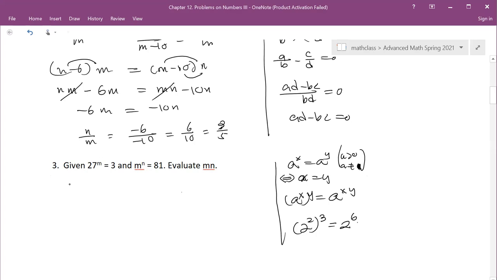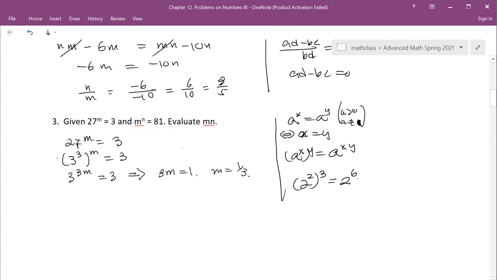So let me finish the first one. 27. You want to compare both sides. You have to make sure both sides have the same base, right? So 27 is 3 what? 3 cubed, right? Okay, 3 cubed then to the power m is going to be 3 to the 3m. So that implies 3m equals 1, so m equals 1/3.